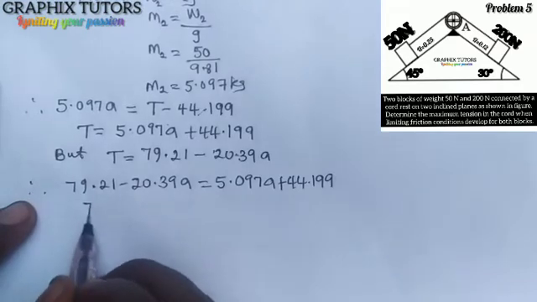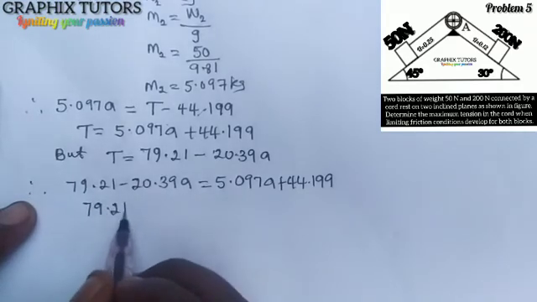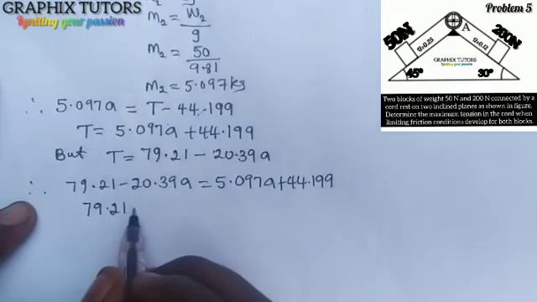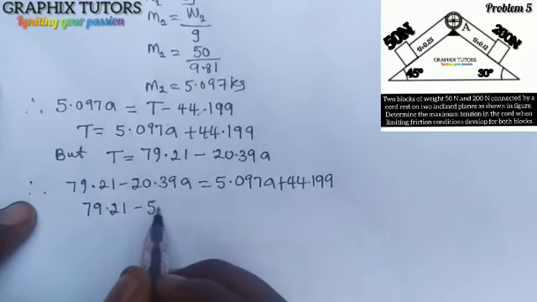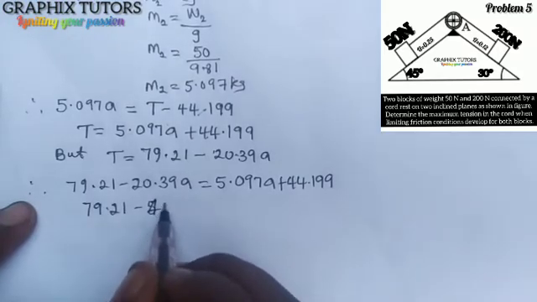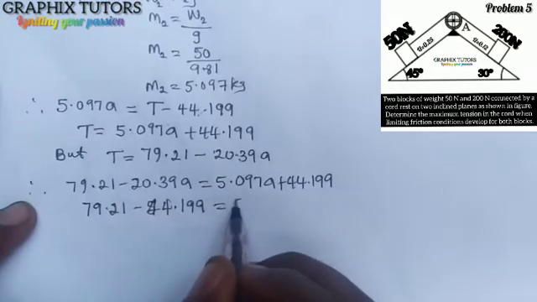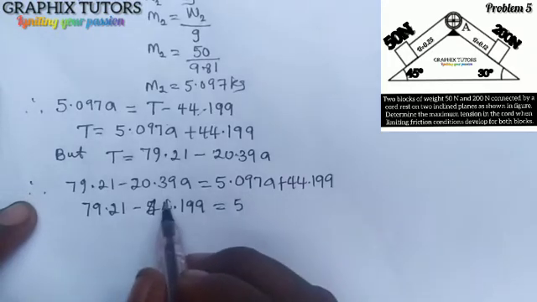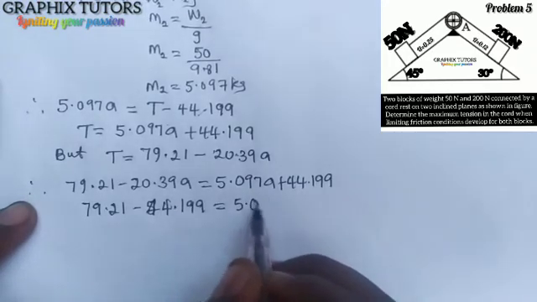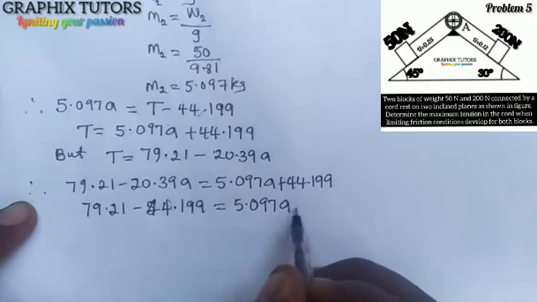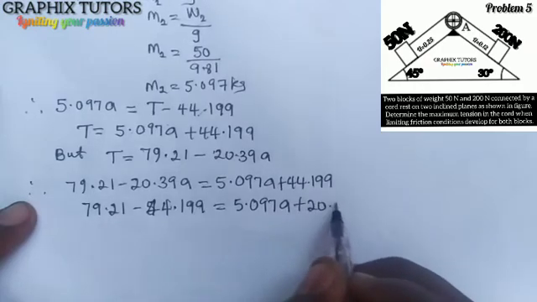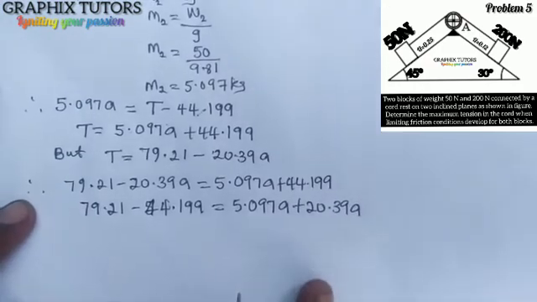So here will give me 79.21 minus 44.199 equals to 5.097a plus 20.39a.